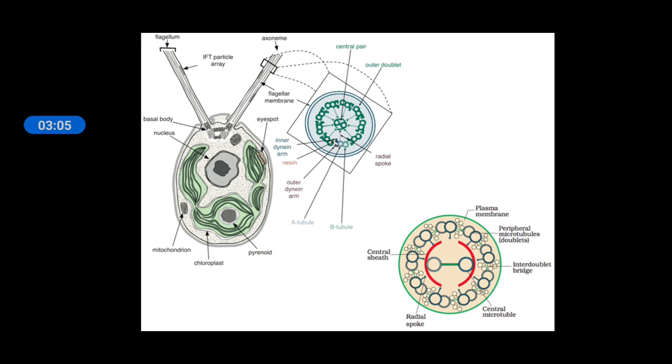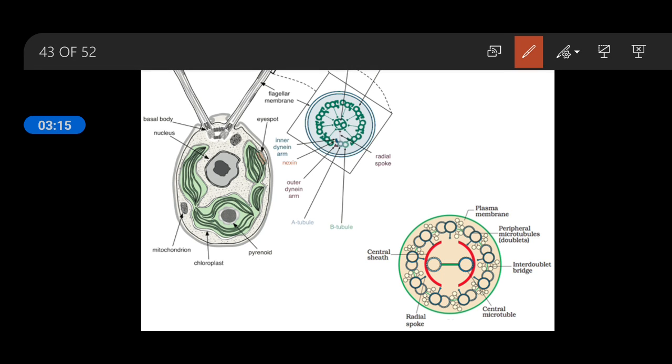This is Chlamydomonas. Chlamydomonas is a unicellular alga, so it is a eukaryotic cell, and it contains a chloroplast. I have already told you it contains a U-shaped chloroplast, so this one is the chloroplast in green color. It is only one chloroplast and it is U-shaped, and Chlamydomonas contains a large nucleus.